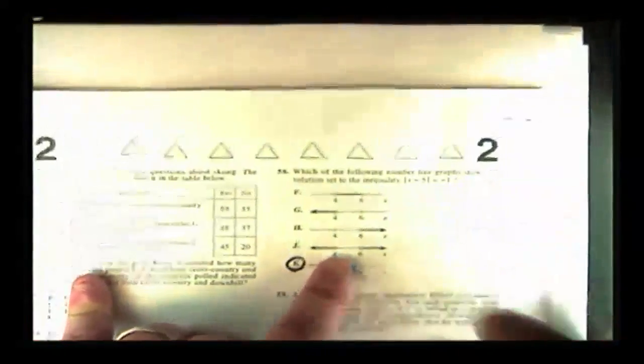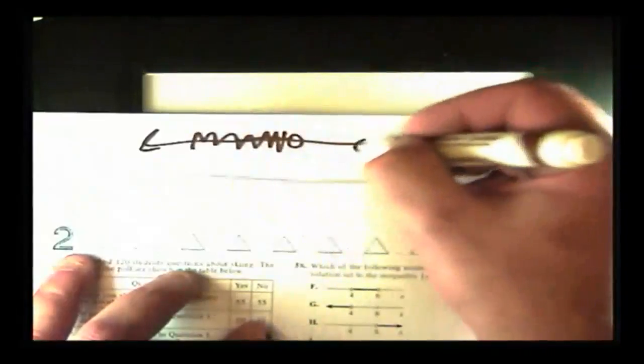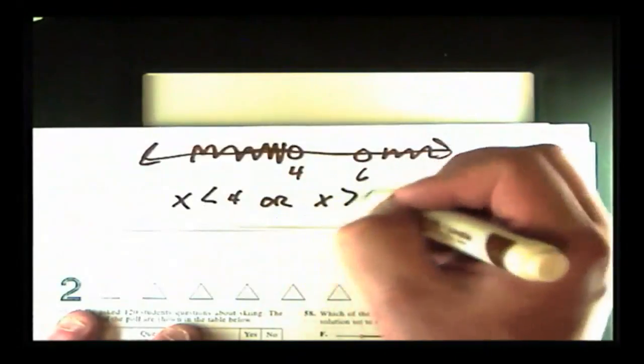Now keep in mind, J here was saying, just so you guys know, this graph here is saying x is less than 4 or x is greater than 6.